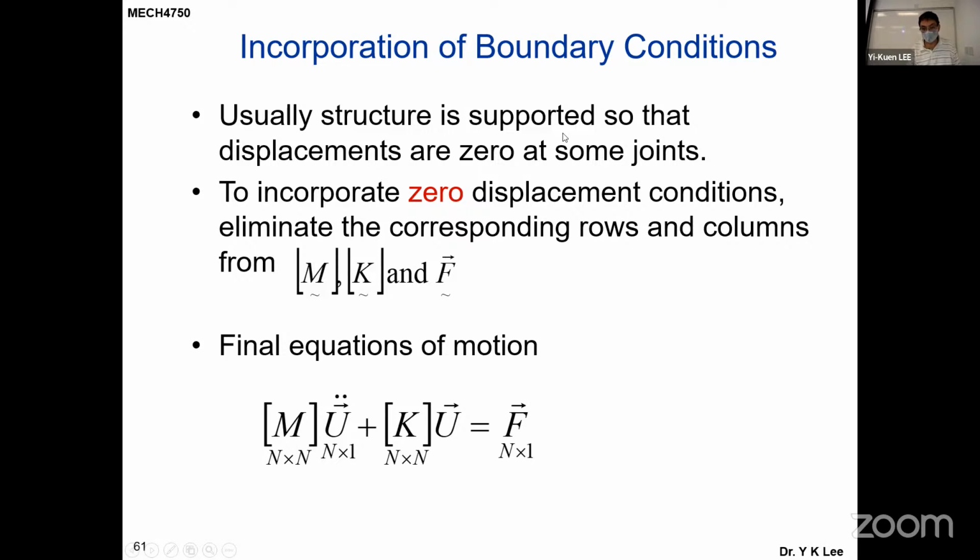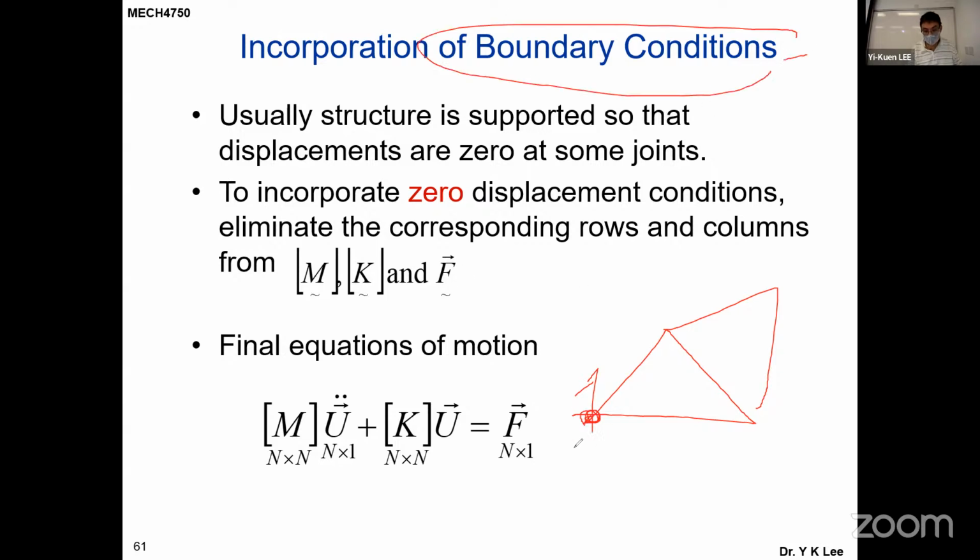For example, if you have this structure, we need to look at node 1, where the displacement is 0. Incorporating boundary conditions means we artificially force certain displacements to be 0. So capital U1, capital U2 are 0. This is the boundary condition.